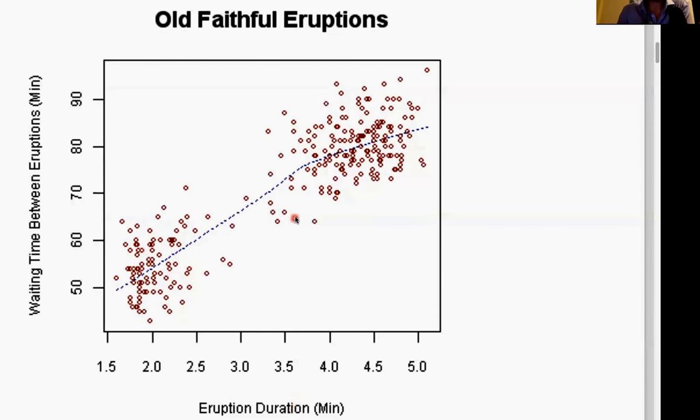That is to say, this little bit of information, this eruption here, lasted a little less than 4 minutes, and the waiting time before the previous eruption in that case was about 65 minutes.